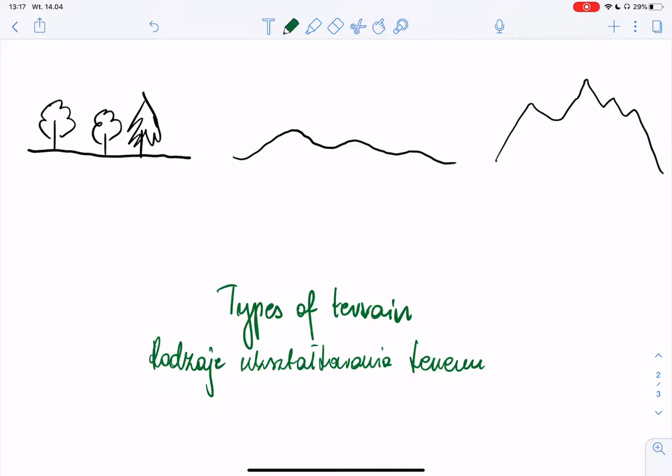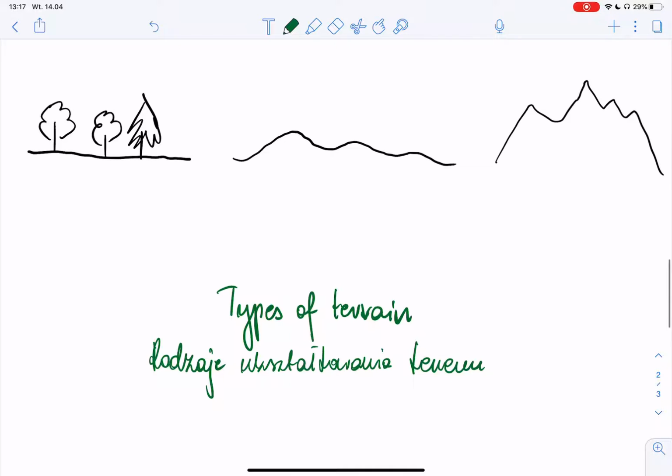And guys, this first type of terrain is the plain, równina, where the land is totally flat, like nothing is really happening.